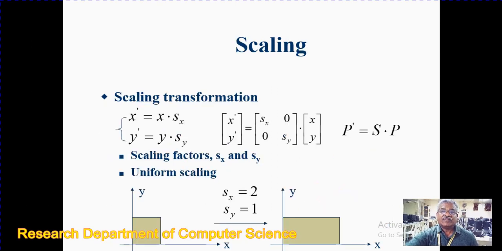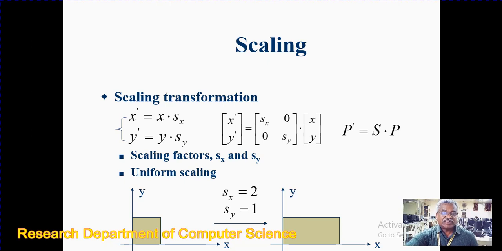And we have another transformation called scaling. An object will be transformed to a bigger one or a smaller one. We have to change the coordinate by the x value or by the y value. So when we multiply with the scaling value, the coordinate will be changed.